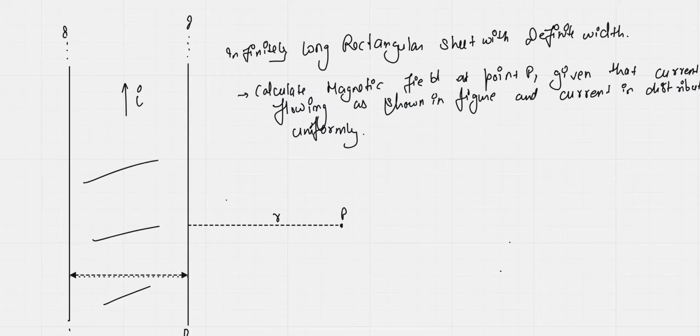I hope you can try this problem. Kirtana, you are given the sheet, the width is d, and current I is flowing. You have to calculate the magnetic field at this point. Please get me the solution first.